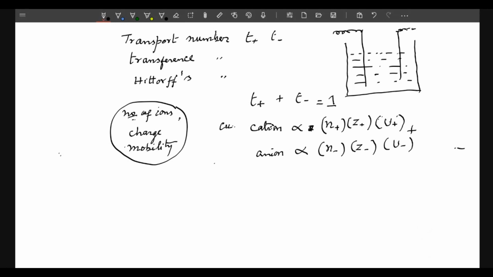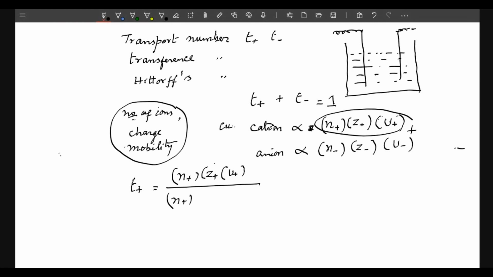Now, what does the definition say? The fraction of the current carried by the cation is given by the current carried by the cation, which is N plus into Z plus into U plus. This is the current carried by the cation. What is the total current?